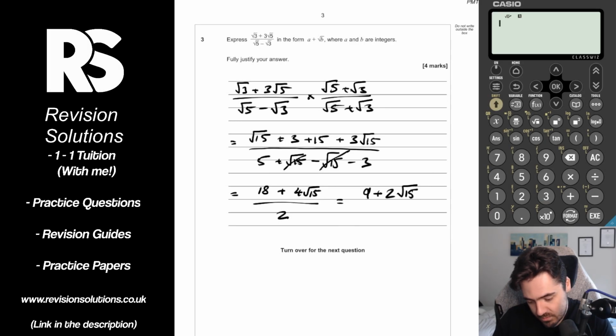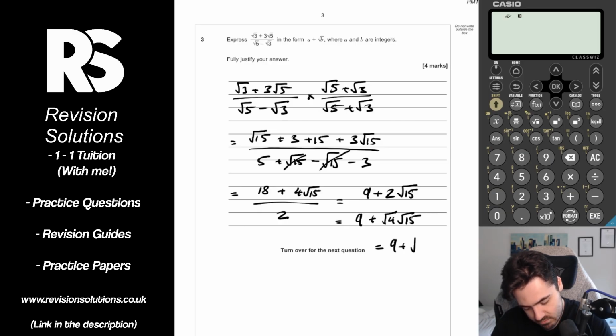We're not quite in the final form because we need it as a plus root b, and I've got this 2 here. So we can think of 2 as the square root of 4. That'd be 9 plus root 4 times root 15, which is the same as 9 plus root 60.